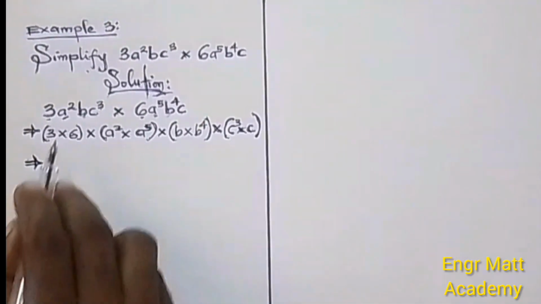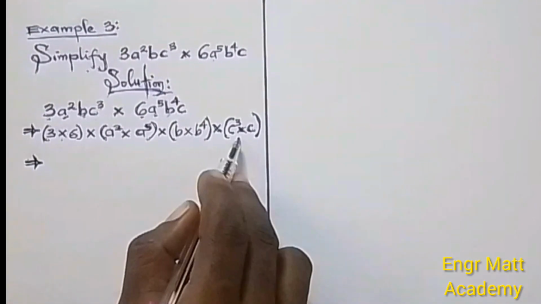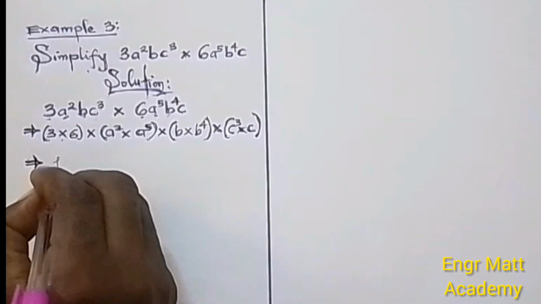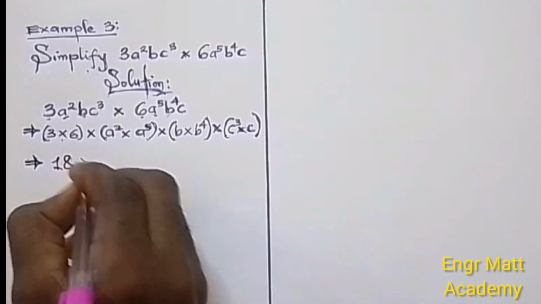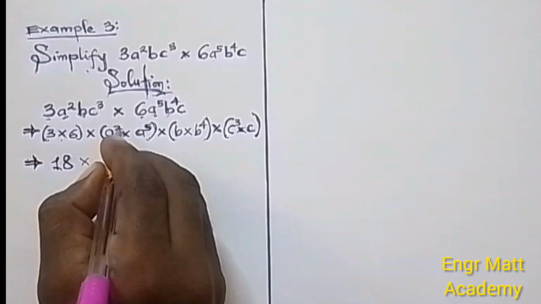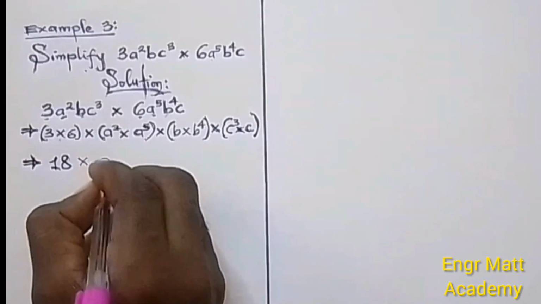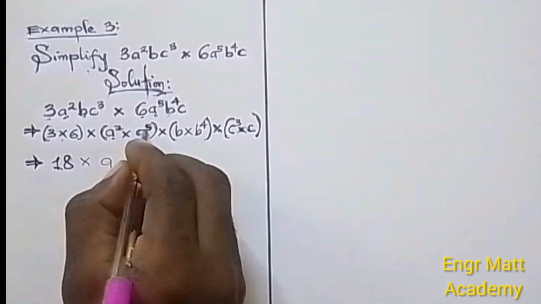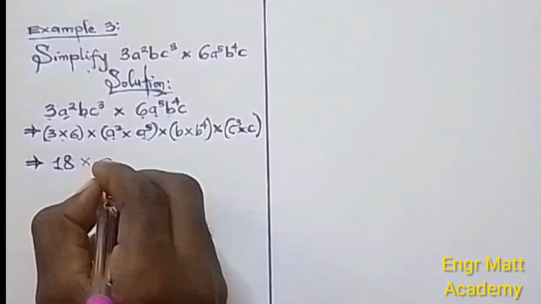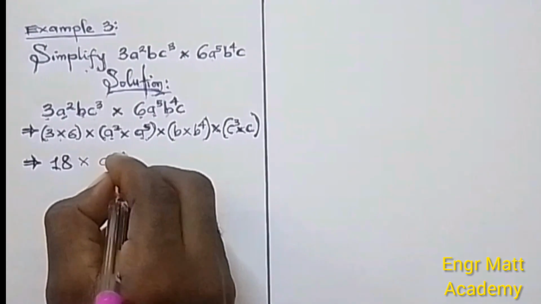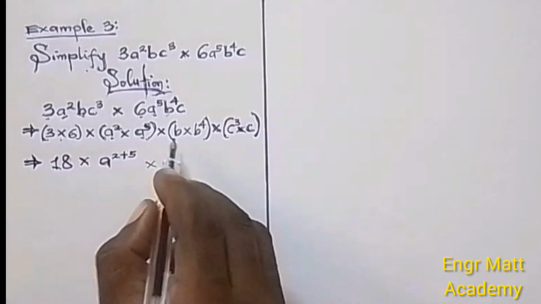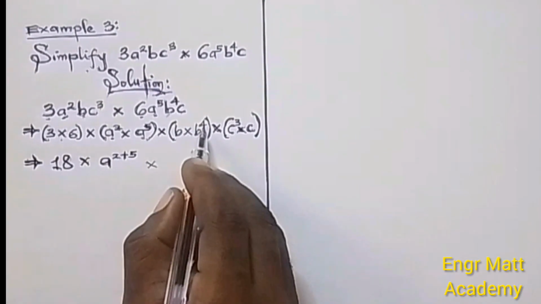Next, we resolve each bracket separately. So 3 times 6 gives us 18, times a squared times a to the power of 5. Since the base is the same, we just add their powers. So we say 2 plus 5, times b times b to the power of 4.